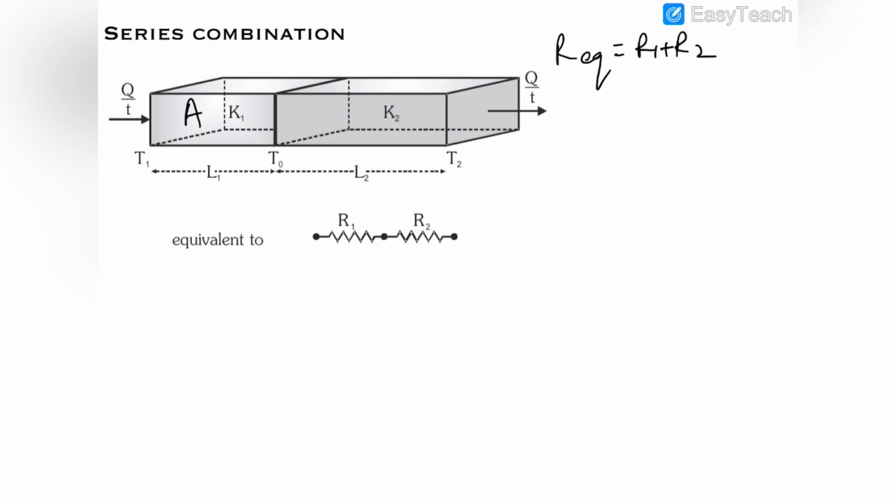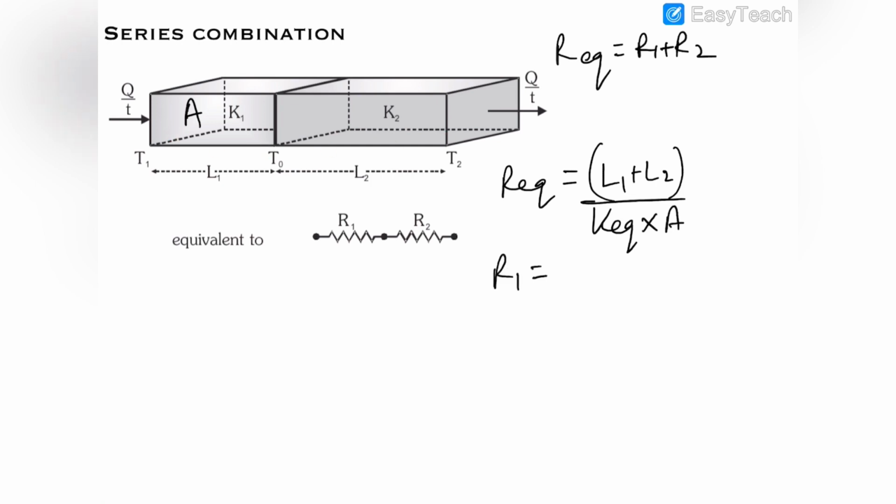So R equivalent will be the equivalent slab resistance, and the equivalent slab of these two would be a slab of length L1 plus L2. So its equation would be L1 plus L2 divided by K equivalent into area A, because the combined area is A and the area of the equivalent slab would also be A.